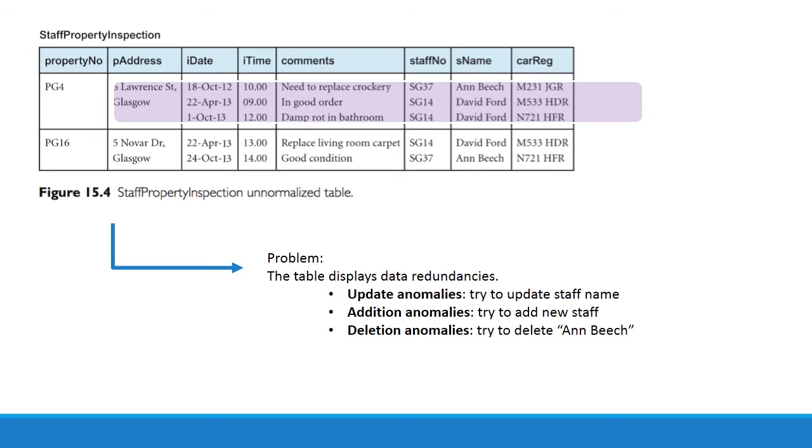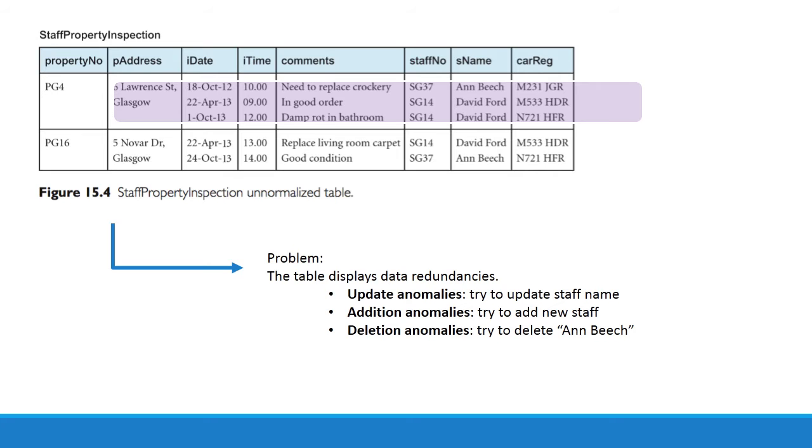So in first normal form, we need to get rid of this kind of problem. The table displays data redundancy. First, update anomalies. If we try to update a staff name, we need to do it more than once.